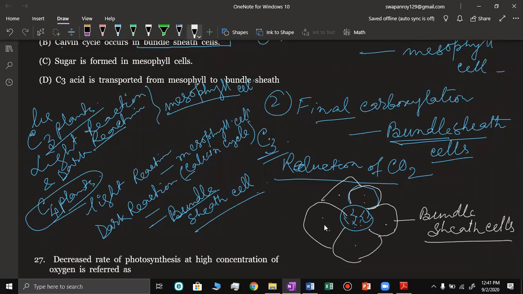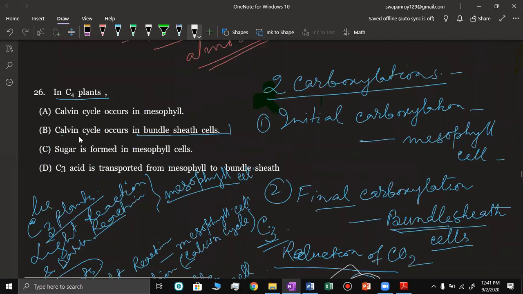So here in the bundle sheath itself, this Calvin cycle operates. So carbon dioxide reduction, C3 acid, sugar is formed in the bundle sheath itself. So our answer is this one. In C4 plants, Calvin cycle occurs in bundle sheath cell.